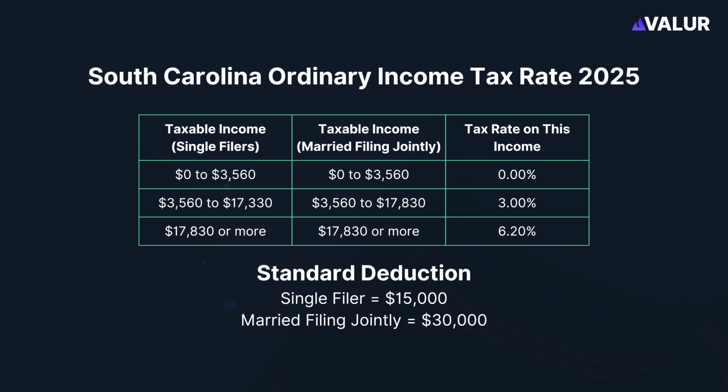Like the federal income tax, the South Carolina income tax is progressive, meaning the rate of taxation increases as taxable income increases. In 2025, there are three tax rates: 0%, 3%, and 6.2%. Moreover, South Carolina also has a standard deduction of $15,000 for single filers and $30,000 for married filing jointly.